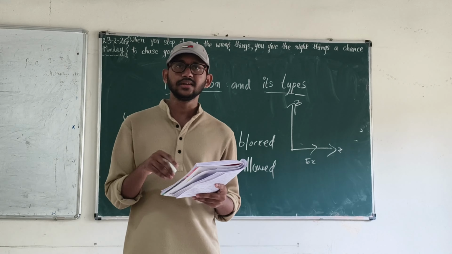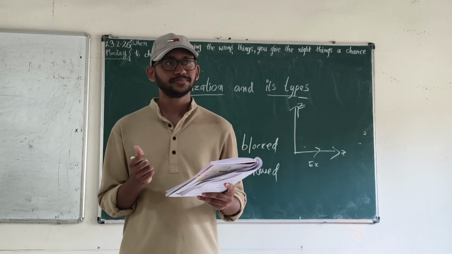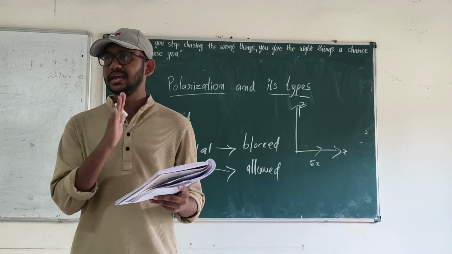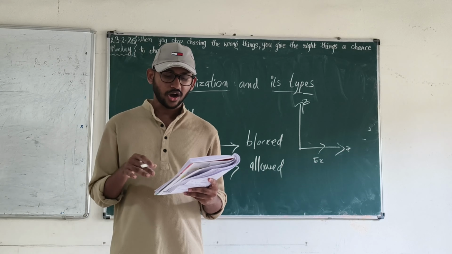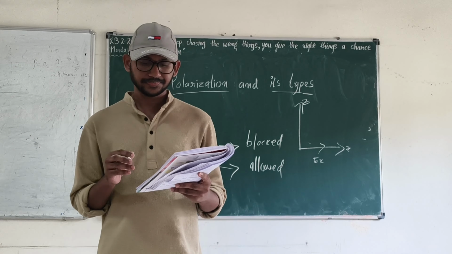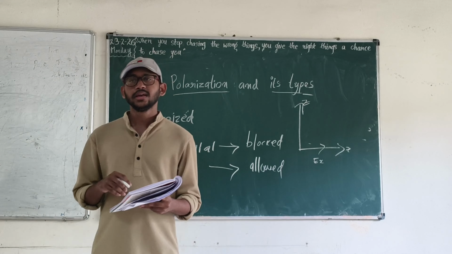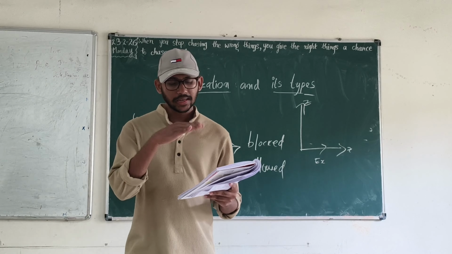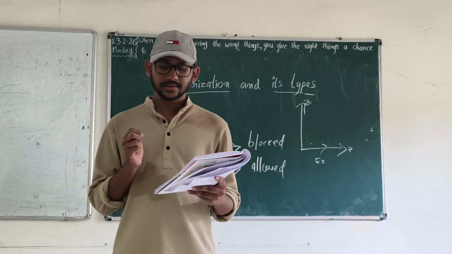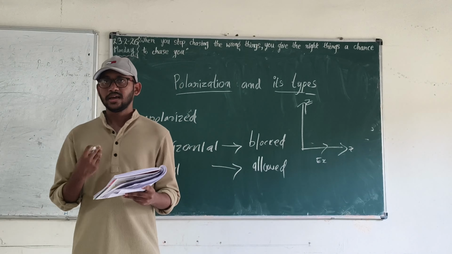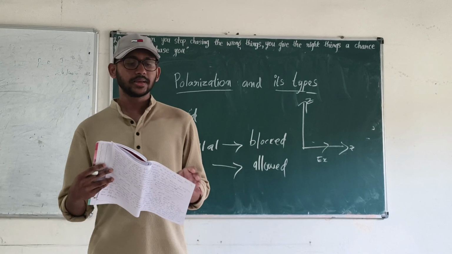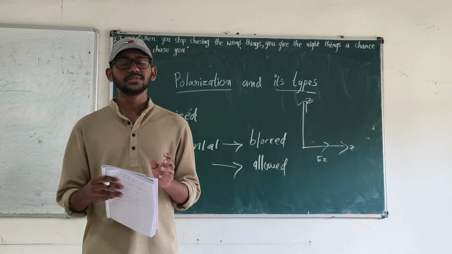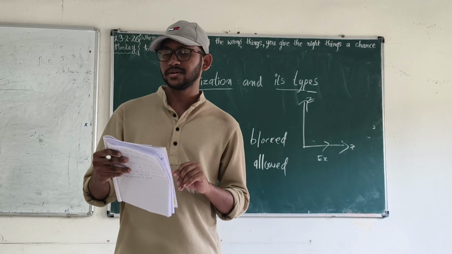Thus, elliptical polarization is a generalized case, and both linear and circular polarization are special cases of elliptical polarization. If the ellipse collapses into a straight line, it becomes linear polarization. If the ellipse becomes a perfect circle, it becomes circular polarization.